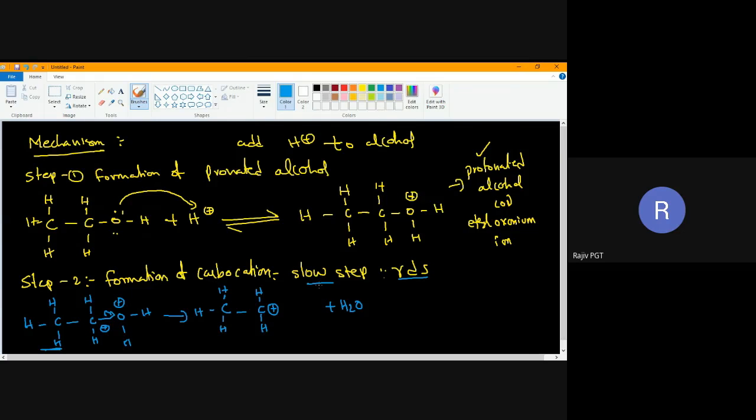Take down, write down now. After this we have step 3, which is called formation of ethene from carbocation. I'm going to continue from this on the next page.